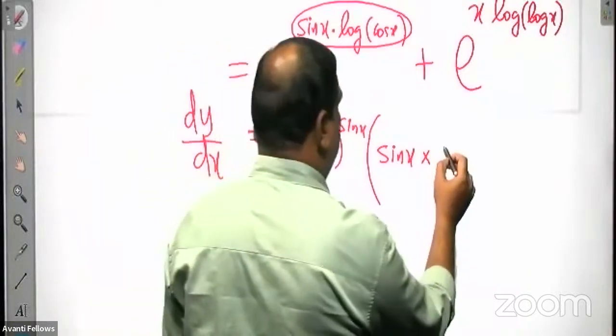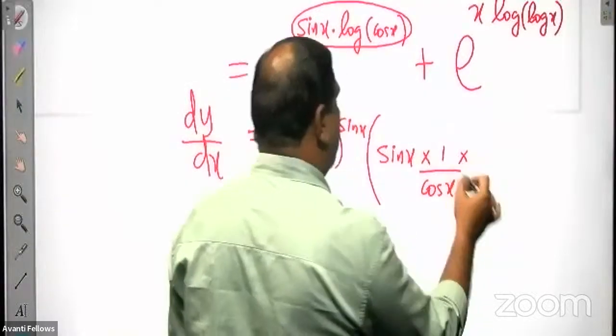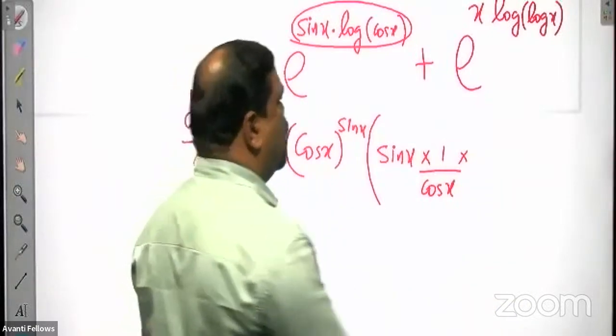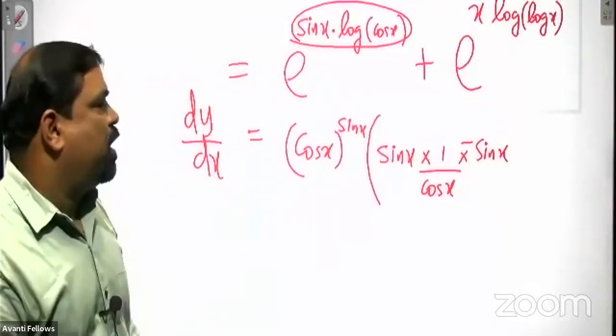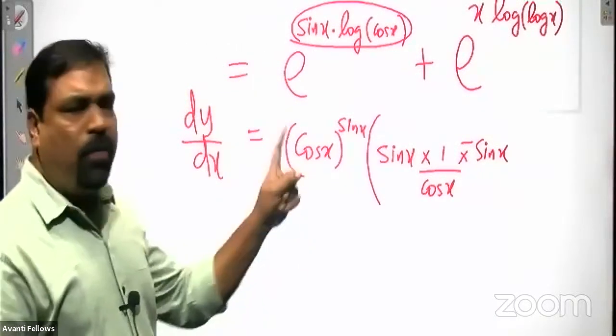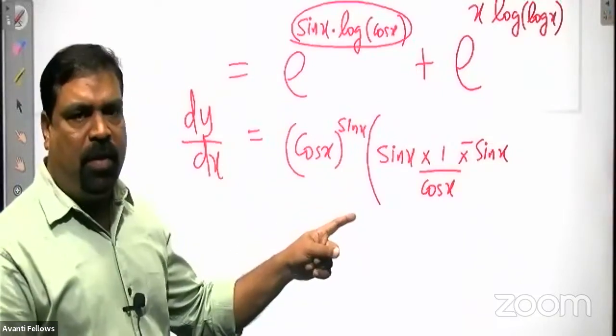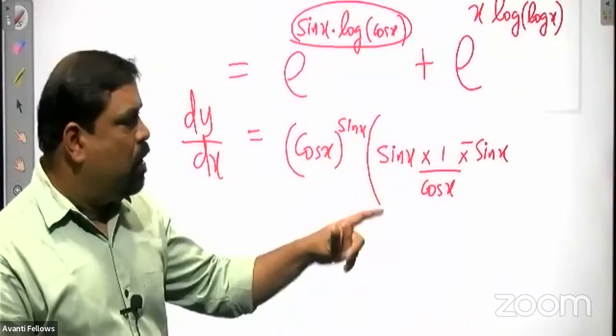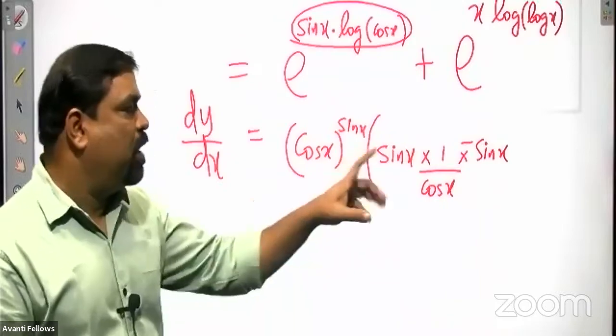The derivative of log cos x means chain rule: 1 by cos x into the derivative of cos x, which is minus sin x.